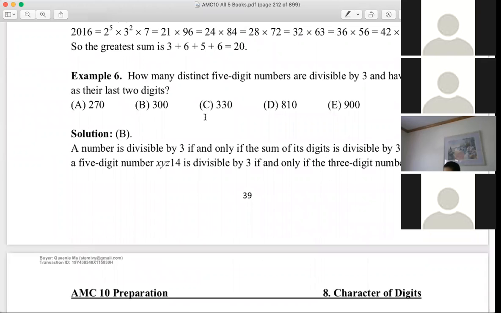Now, let's see. If the numbers can be equal, then this one, let's say A still has 9 choices. Let's say B. If A has a 9, how many distinct 5-digit numbers?